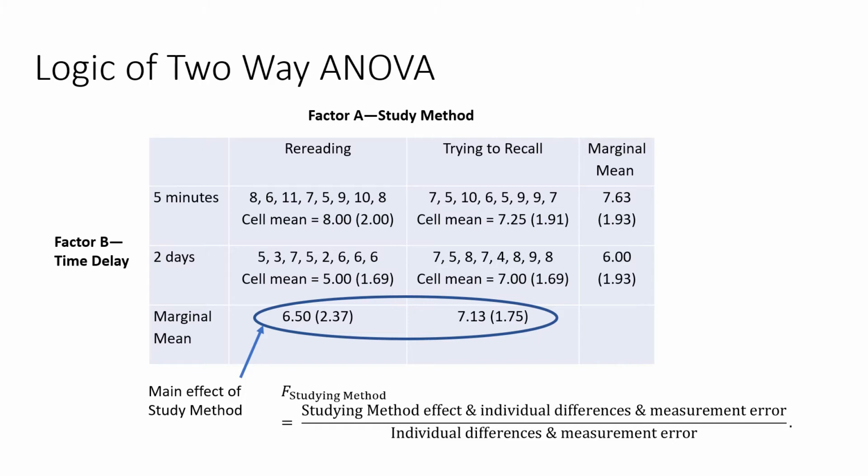Now, in this next slide, I'm going to explain specifically what numbers are compared with each effect that's being tested. So here is the conceptual equation for the main effect of study method. As I said in the previous slide, the numerator has in it the amount of variability created by the different studying methods, but it also has individual differences and measurement error in it.